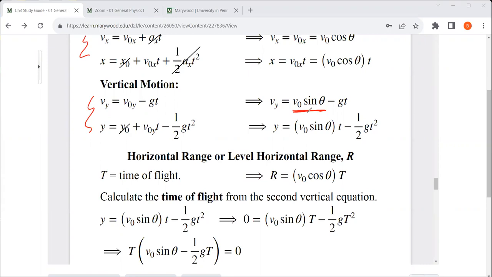So we replace v0y with v0 sine theta, and same thing here. Then we have these four equations that can explain all the projectile motion problems.